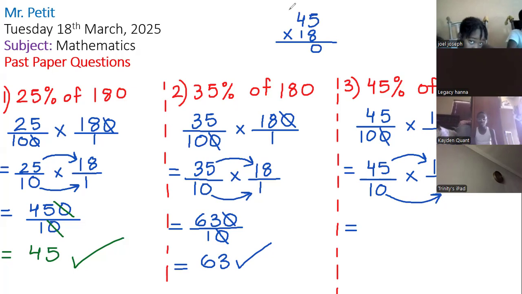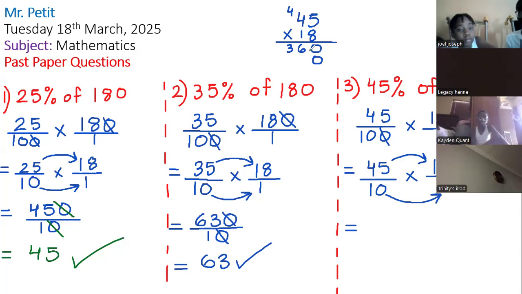Place down the 0 and carry the 4. 8 times 4 is 32, and you add that to 4. 32 plus 4 is what? 36. Sorry, got mixed up. 36. Good. Continue. And then you put your replacement 0.